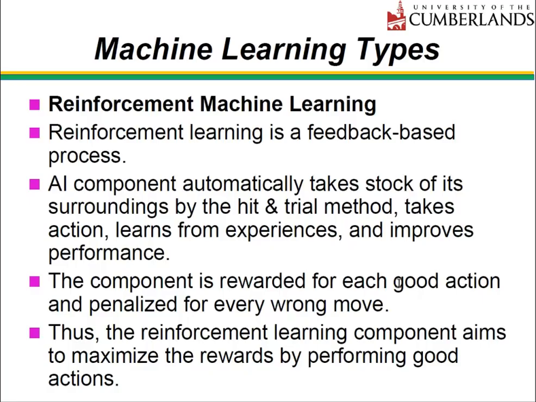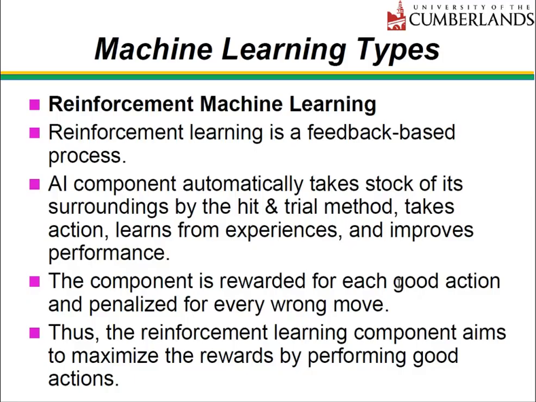So concretely, the component is rewarded for each good action and penalized for every wrong move. So if the system takes an action that leads to a desired outcome, so for example, if you're training a system to trade the stock market and it takes an action in simulation that leads to profit, so that's the desired outcome, then it's going to receive a reward signal.